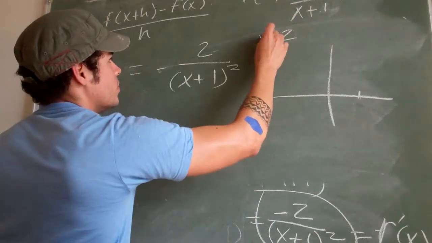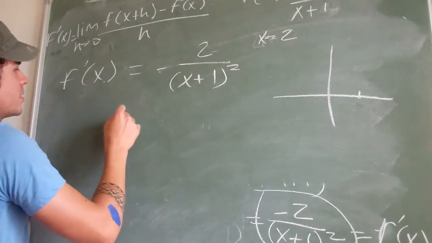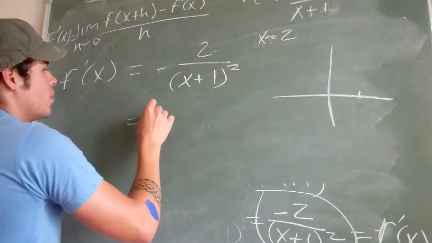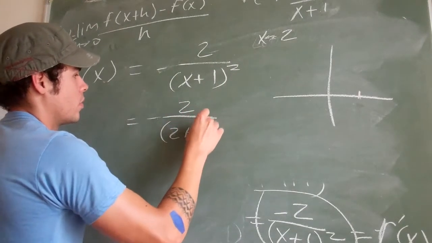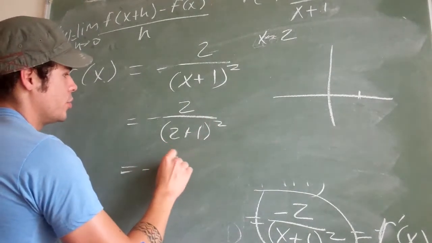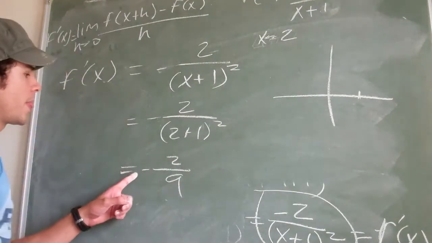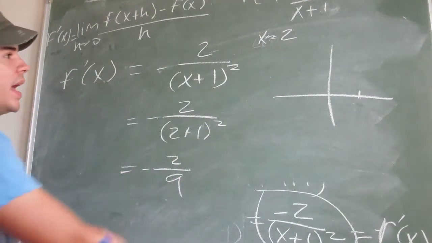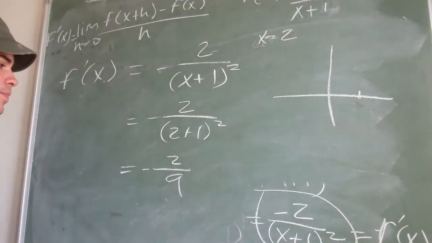Well, if that's the case, then for f prime of x, we'll just plug in a 2 for the x. And what do we get? We have negative 2 all over 3 squared, which is 9. So the slope at the point x is negative 2 over 9.